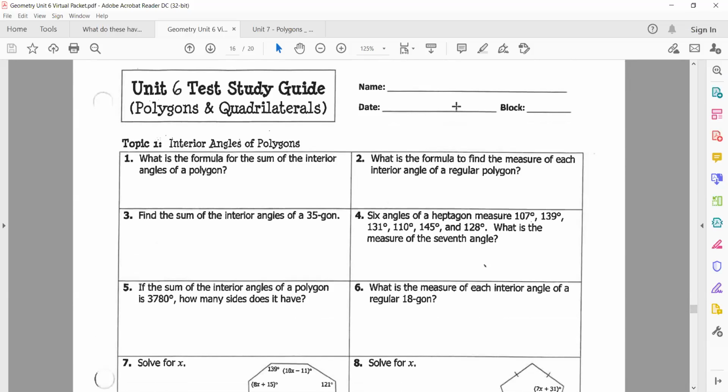There is no unit test for circles. We do need to know a couple of the formulas in the unit on circles. Anybody know anything about circles? Okay, we're going to do that on Thursday.